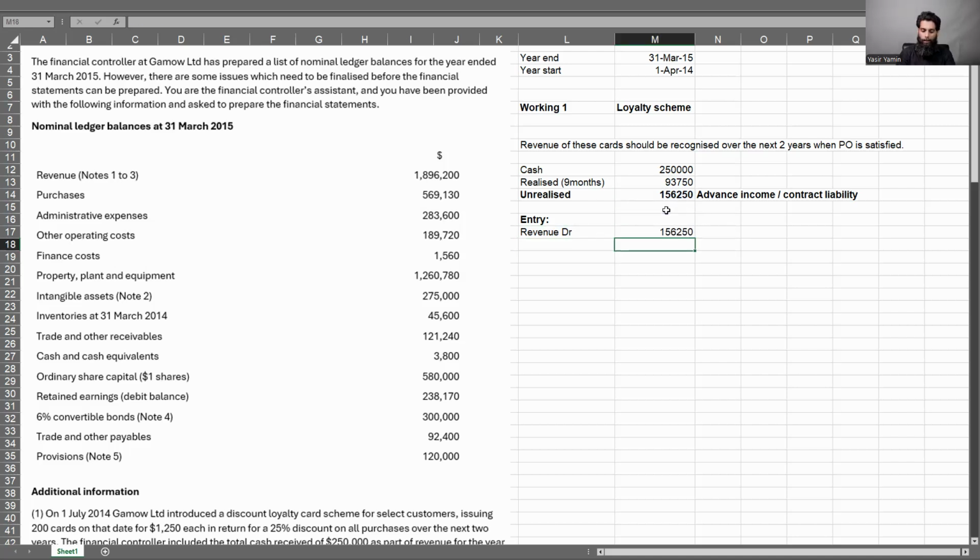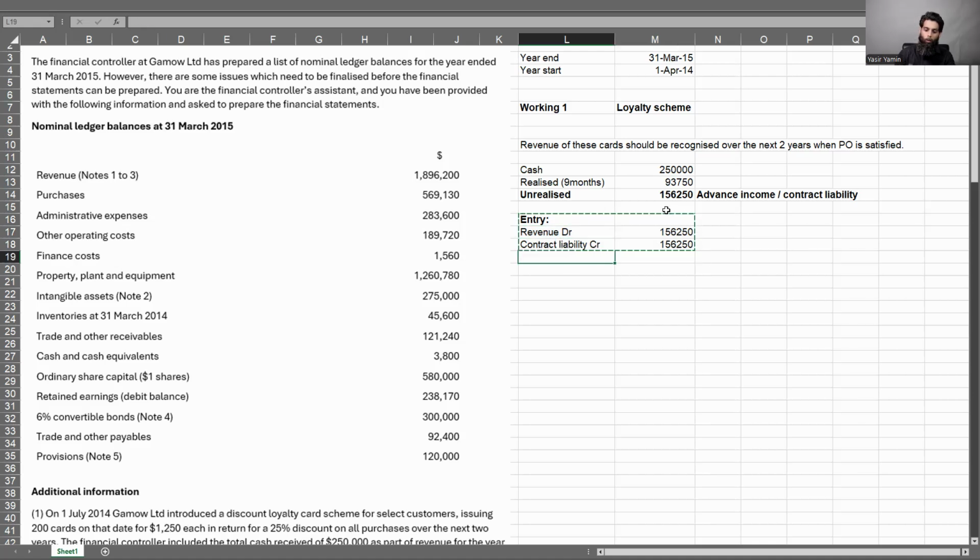Agreed? Against this, a contract liability should be recognized of 156,250. Do you all agree? Make sense?